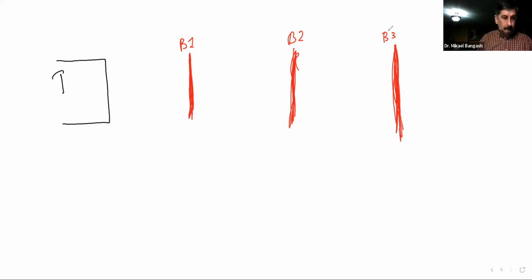Now what we have is this incidence here. The incident travels towards the first boundary. So this one is going to be incidence 1.